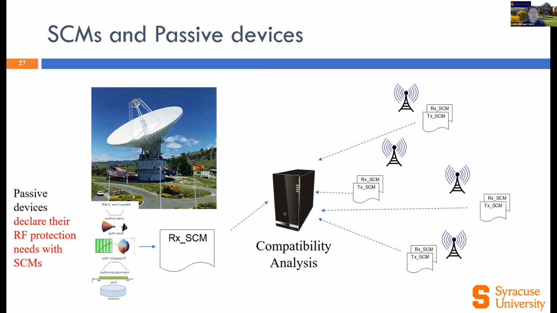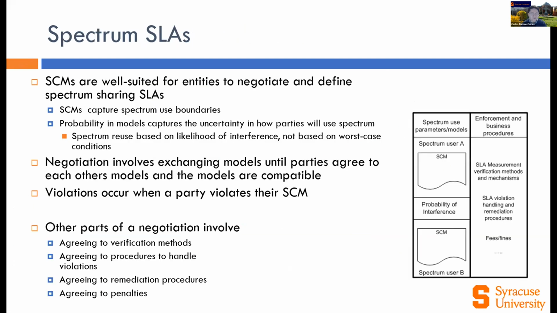But coming back to the protection of passive devices, the passive device expresses its protection needs, and then some database collects the SCMs of potential interferers to say, yes, you can operate, because right now this passive device is conducting an observation on a set of frequencies which don't overlap with the ones you're operating on, or the IF portion of the current observation is not overlapping with any of these, and things like that. So, SCMs for passive devices.